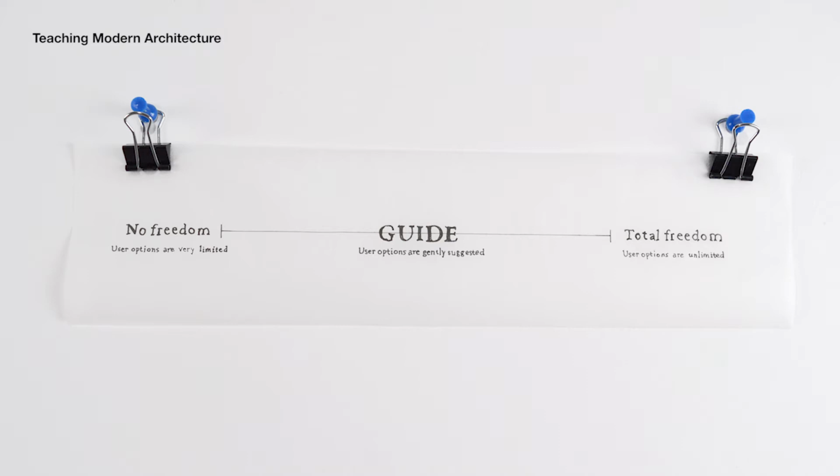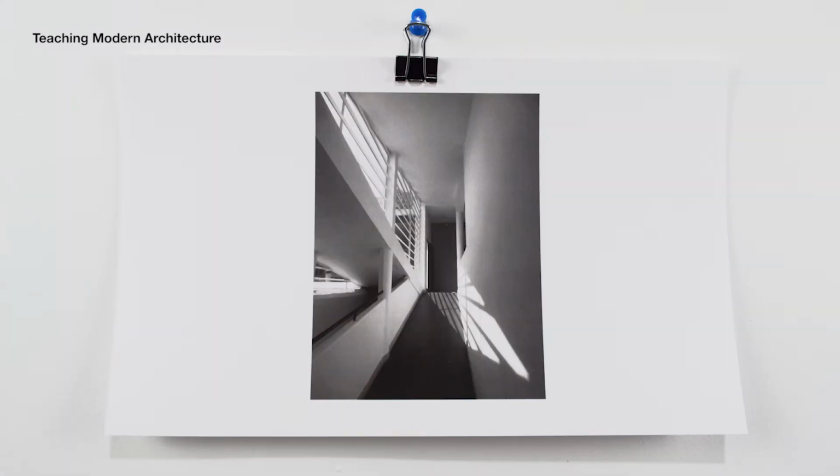As an architect, you are suggesting. You are making a subtle suggestion to the visitor about either use or experience or both. You are not forcing the visitor to use the space in a certain way, nor are you providing total freedom. You are guiding. Of course, sometimes there are situations when a visitor has no freedom in a space.